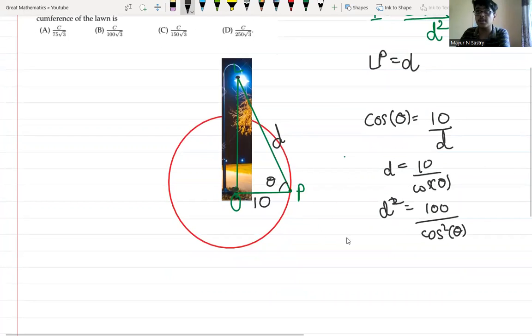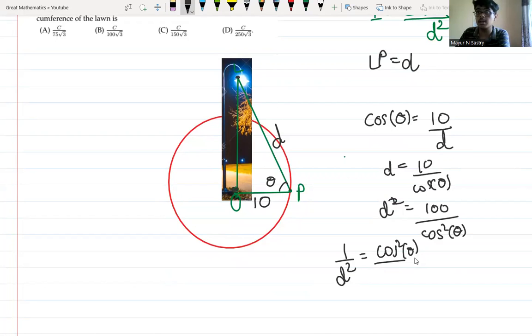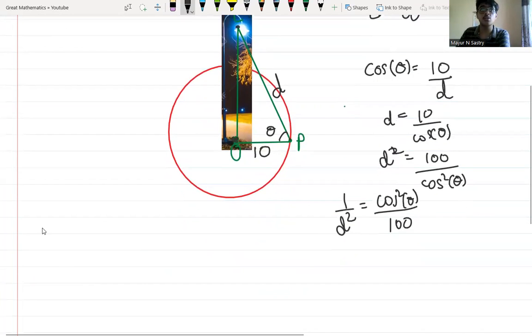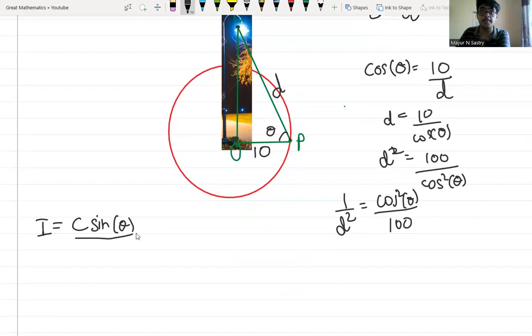So what I'm going to do is write 1 by d square as cosine square theta divided by 100. Now, since I know that I is C sine theta by d square, and 1 by d square is cos square theta by 100, I is nothing but C sine of theta times cos square theta by 100.